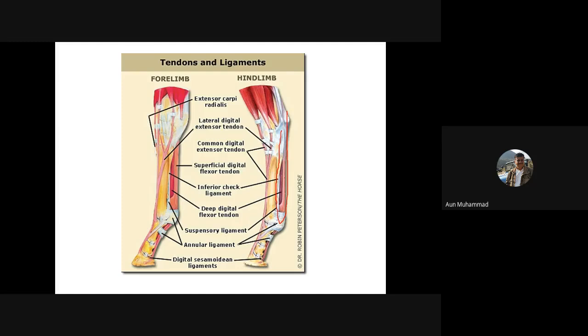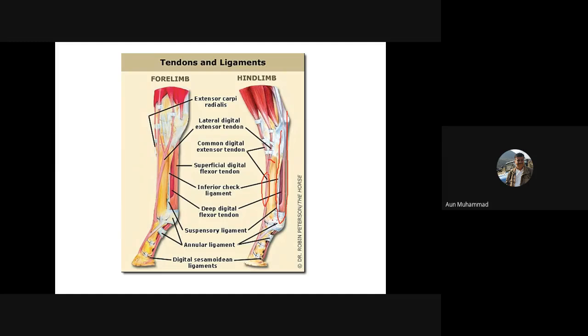And similarly, we have a very important common flexor tendon, and this one is the lateral digital flexor tendon, which was operated on during your experimental surgery. Similarly, we have some suspensory ligaments.